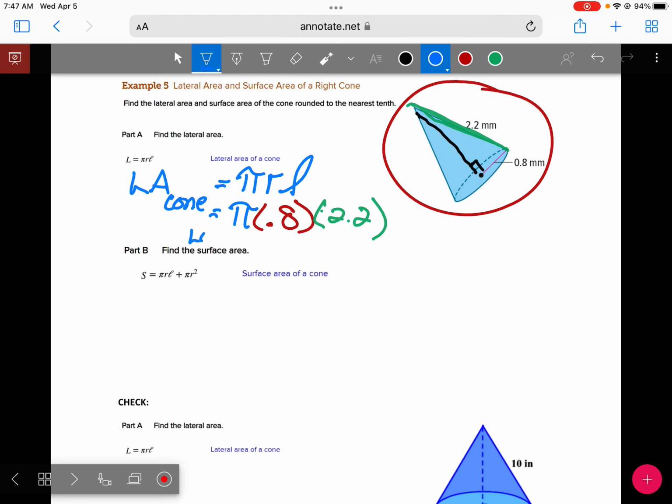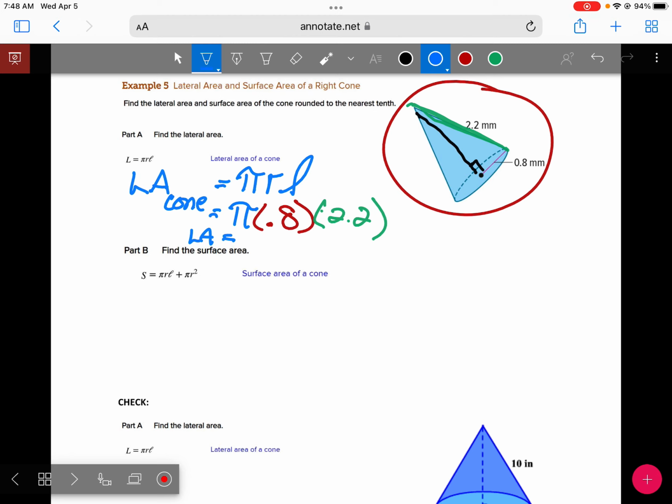So lateral area is, you guys need to put that in on the calculator because I don't know what that is. When I multiply by pi, why does it just show like the number and then pi next to it? Because sometimes the calculator thinks you want it left as pi, so then you hit the two little arrows right above enter, and that gives you it as a decimal. Okay?